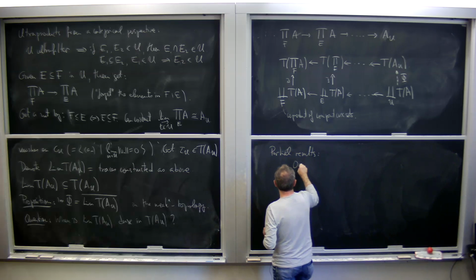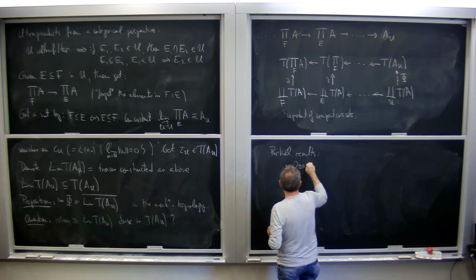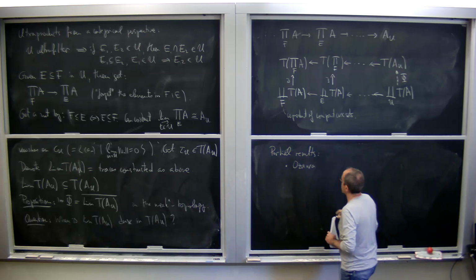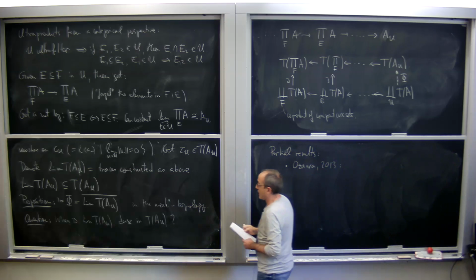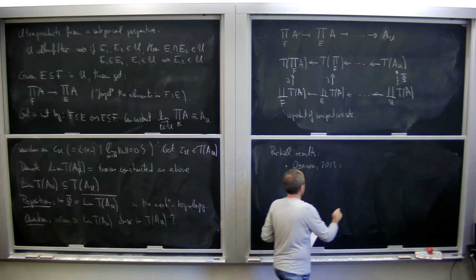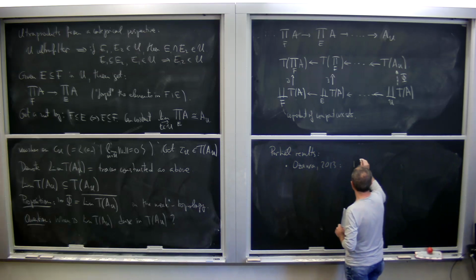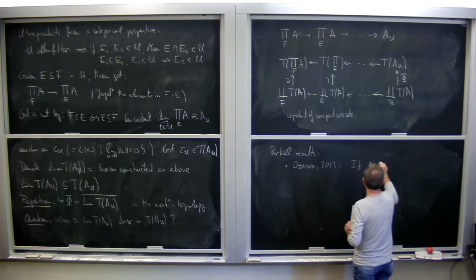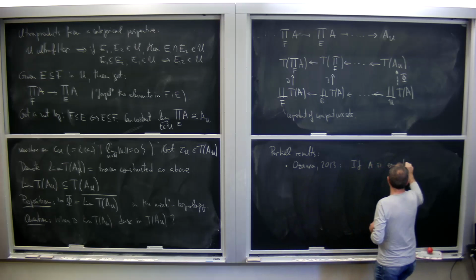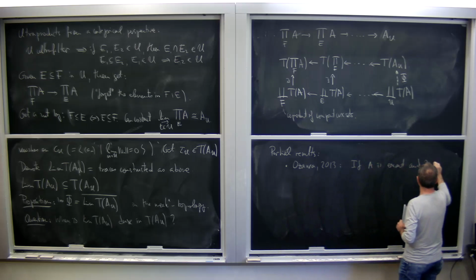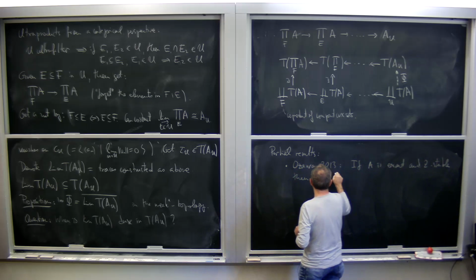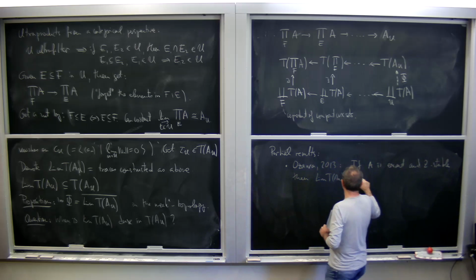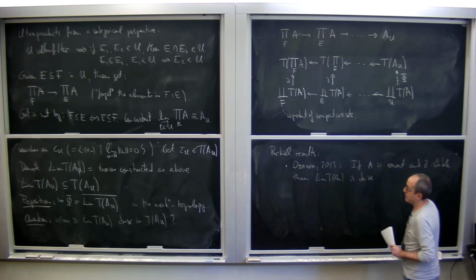First one, and the sister for sister algebras would be due to Ozawa in 2013. And he proved that there's density. So in the case, if A is exact and Z stable, then this happens.